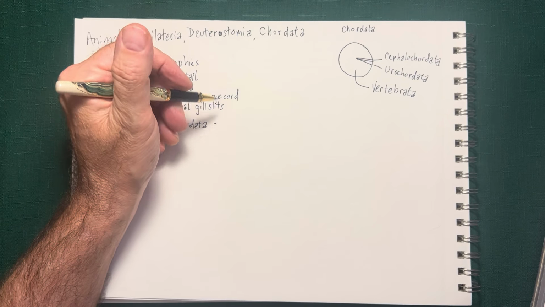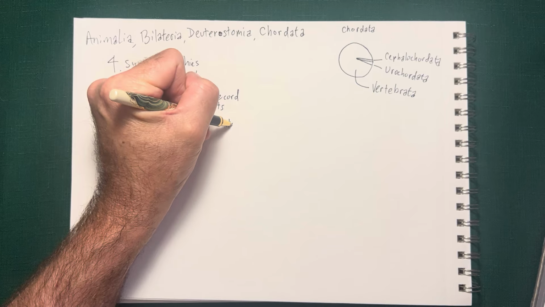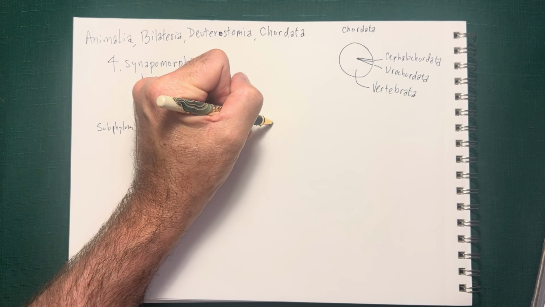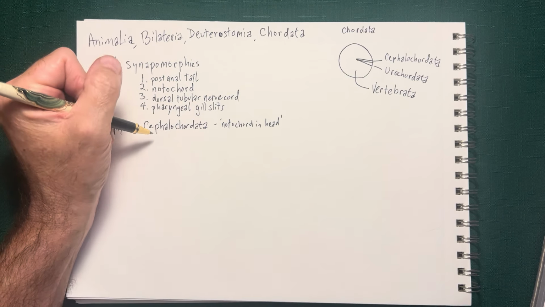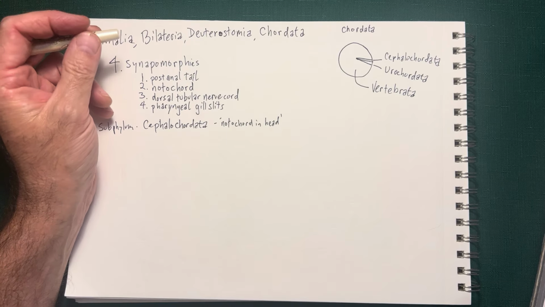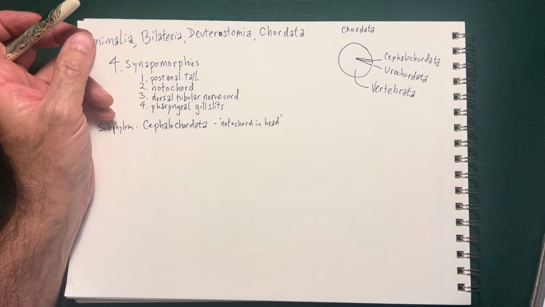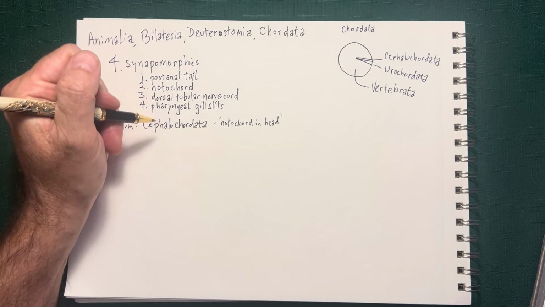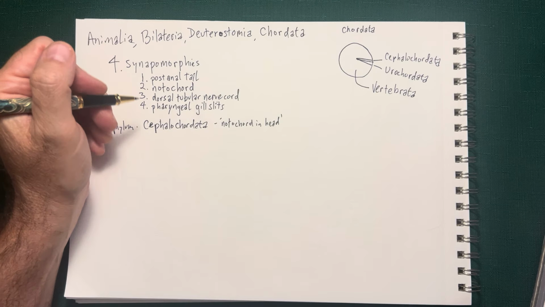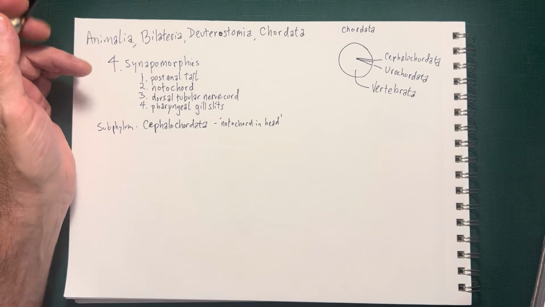And that means notochord in the head, like a cephalopod, cephalopoda, like squids and octopuses. Those have a head and they have a foot. Cephalo refers to the head, or cephalothorax, like we saw in crustaceans. Cephalo means head. Chordata refers to the notochord.